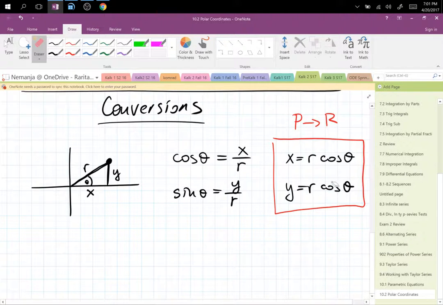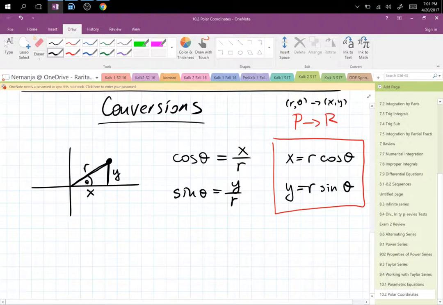Oh yes, thank you. This is sine. Rectangular coordinates x, y. So you are going from r theta domain into xy domain.